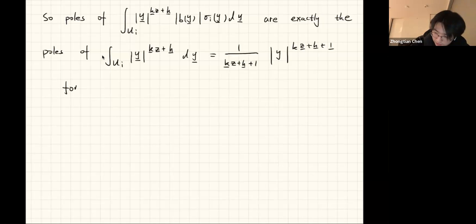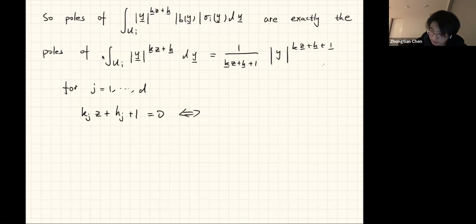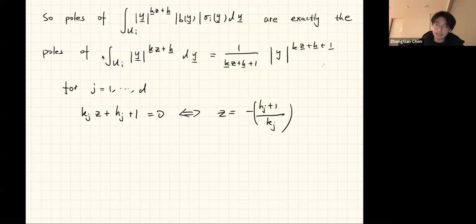So for j equals 1 to d, this means k_j z plus h_j plus 1 equals 0. And this means z will equal minus (h_j plus 1) over k_j. So these are all the poles, and the RLCT is the absolute value of the largest pole.